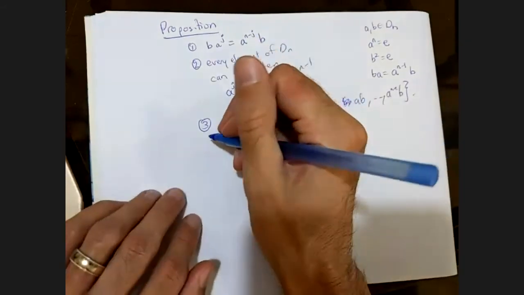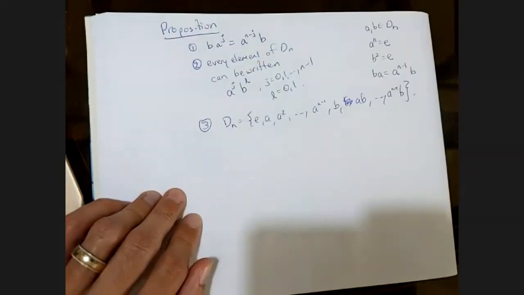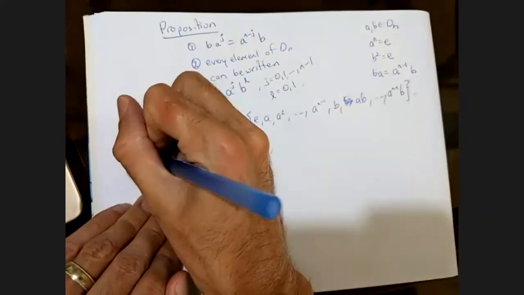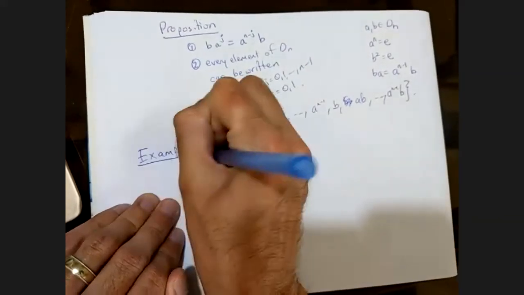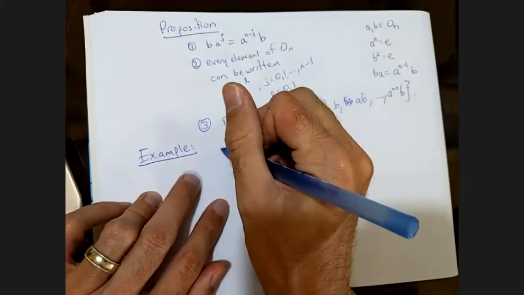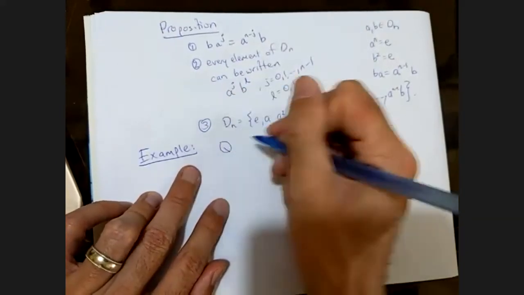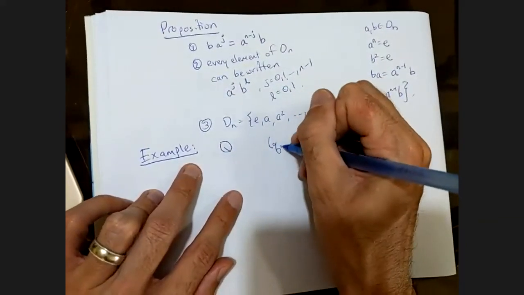For another example, which kind of has the same flavor, well, sort of, Q. Quaternions.